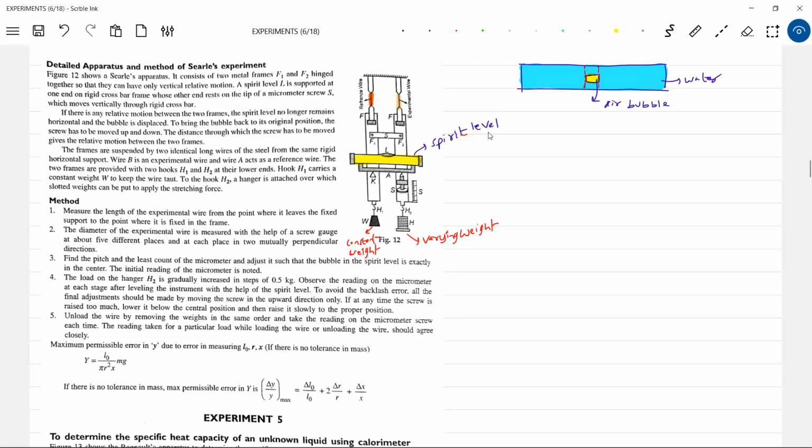The similar situation is here. When you hang this weight, this part will move down, so the red color wire will have more length.